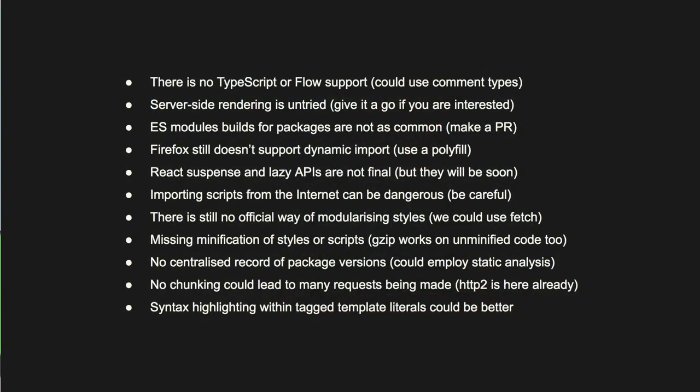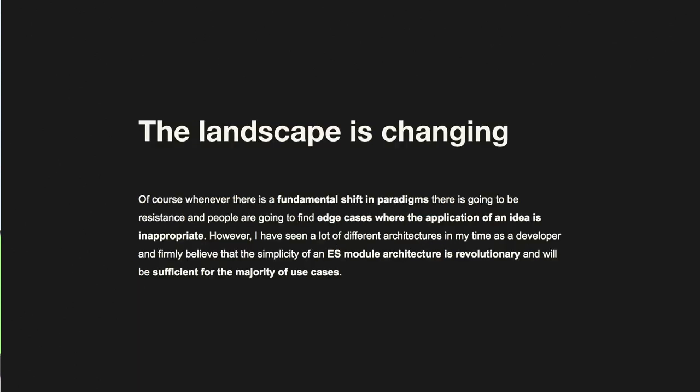Quick disclaimer, these are a few of the things I've thought might be shortcomings of this approach. I've given little counters to them. These slides will probably be available at some point, but they're interesting things to think about. But to summarize, the landscape is changing. With a fundamental shift of paradigms, you're going to see resistance, and people are going to find edge cases.